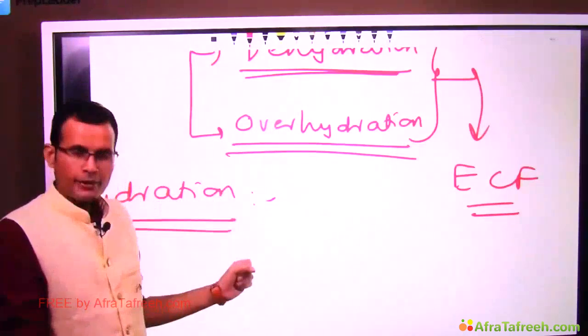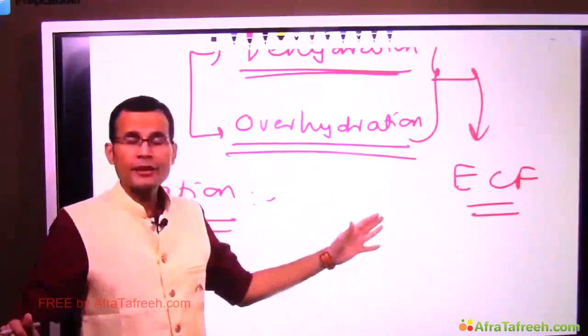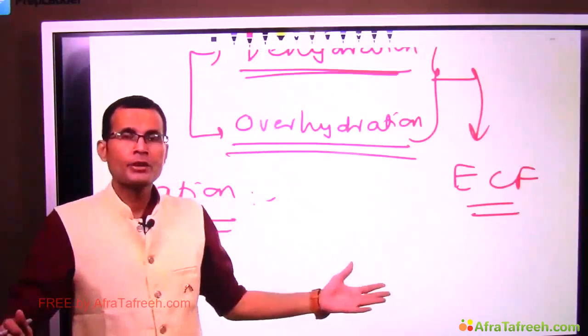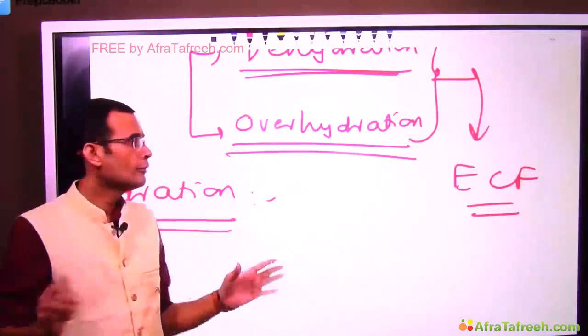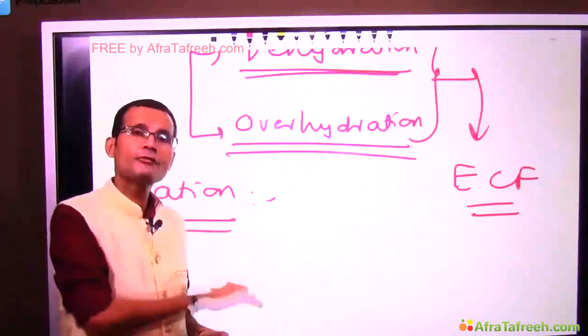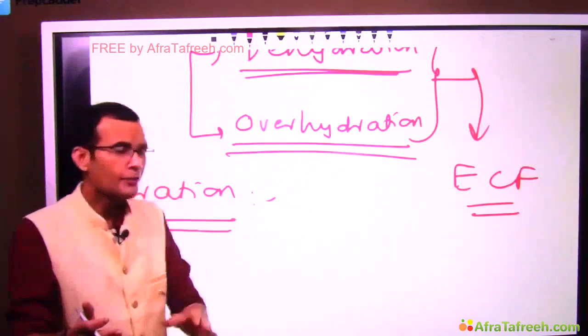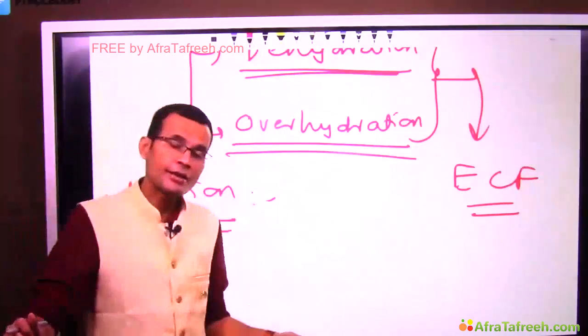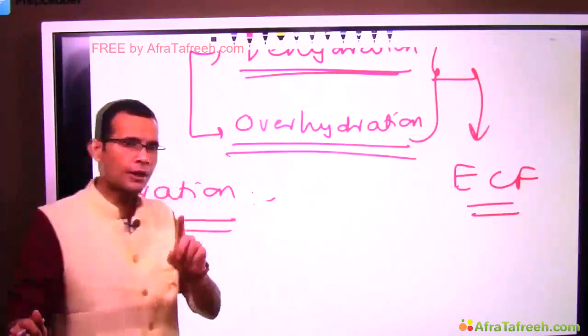And then if the osmolality of the ECF gets altered, then there will be a secondary movement of water from the ECF to ICF or ICF to ECF. And accordingly, there will be secondary changes in the ICF volume also. But there will be secondary changes, okay?